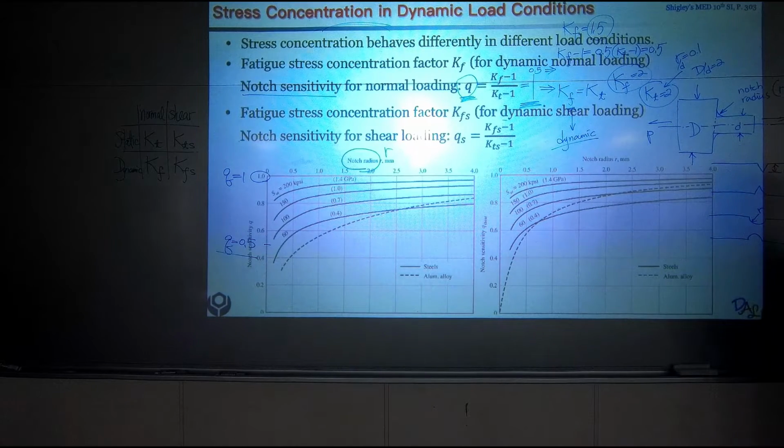And if I have another case, Q equals 0.5, at the end, Kt was still 2, the Kf drops a little bit, 1.5.